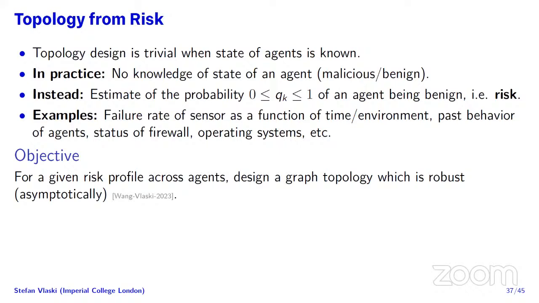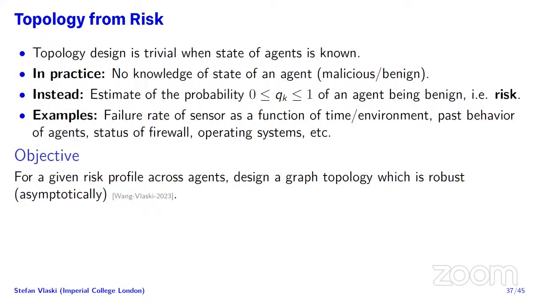But in practice, we don't have exact knowledge of the state of an agent, but what we might have instead is an estimate of the risk, right? So what's the probability that an agent is malicious, or what's the probability that an agent is benign? And so, for example, if you have a sensor network, maybe you have a function of the failure rate of your sensor over time, you have some idea of past behavior and so on.